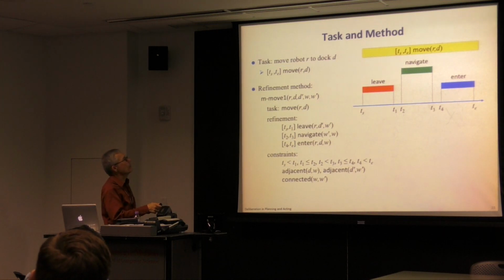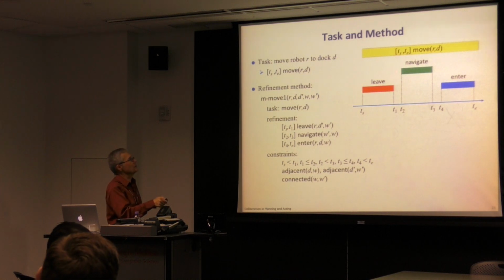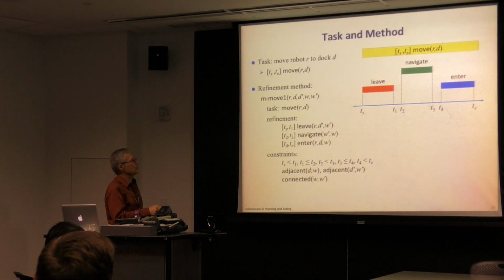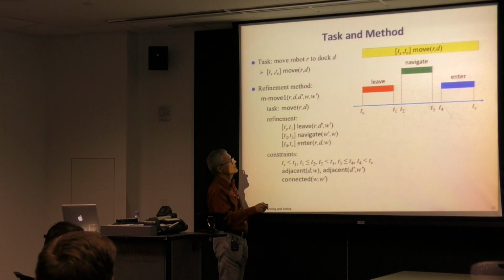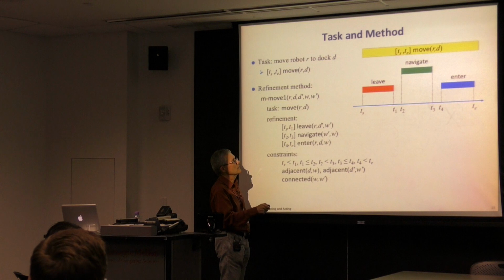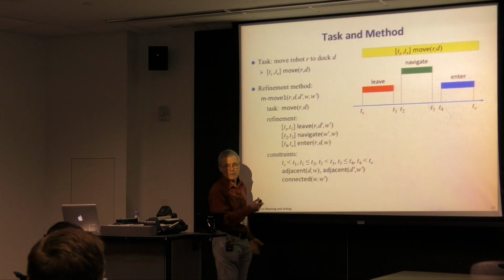Okay, so this refinement method says basically these 3 tasks need to occur over this period of time, and we have some constraints on the ordering of the time points. This needs to be less than this. This needs to be less than or equal to that. This needs to be less than or equal to that. This needs to be less than this. This needs to be less than this.